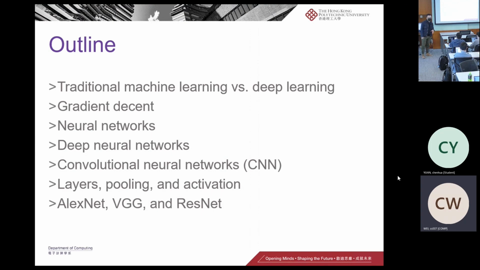More or less, they're just the same. And gradient descent, we introduced last week, and today I will give you more details. And neural networks, and deep neural networks, and convolutional neural networks as well.